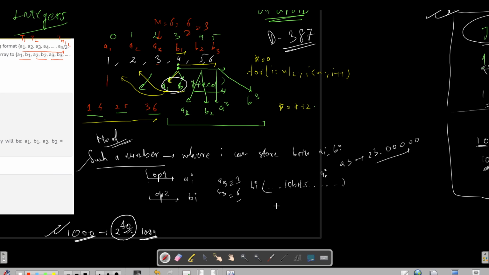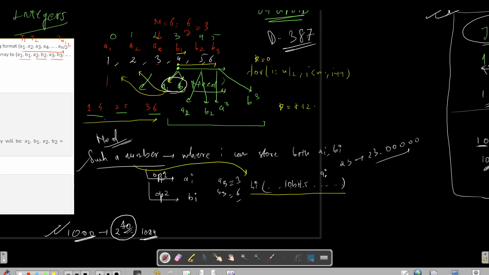So let us understand how we can do this. Let us go to the basics of the need, and then we can proceed with how. If we have formed this number where the initial set of bits is pointing to BI, and I know that the maximum bits required to store a number is 10 bits, I'll make a 10-bit space and store AI in it. Correct? Now this is such a number which I was talking about. Now I need to do two operations with it.